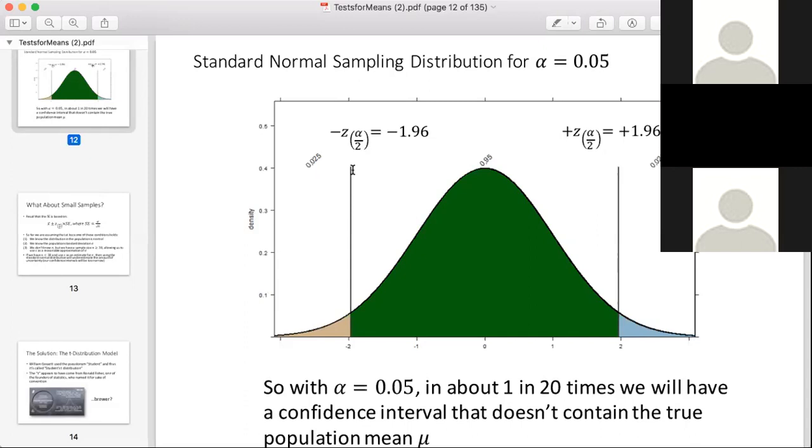However, if you have a test statistic that falls more extreme than the two critical values, that is to say, if it's greater than positive 1.96 or less than negative 1.96, if it falls in either of those two tails, colored blue or brown in this diagram, you will reject your null hypothesis because that's a significant result. And this is for a two-way test, right?